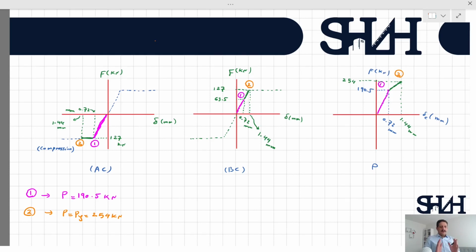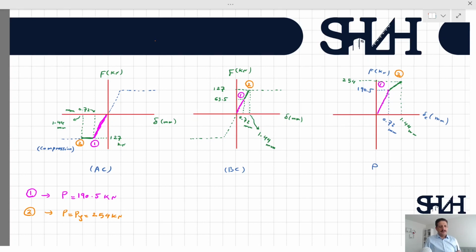If the load comes to this level, 254, we can see that element AC was completely plastic, so it was deformable. It could not take any more load. In element BC also, at this point, there is no resistance in terms of the force.